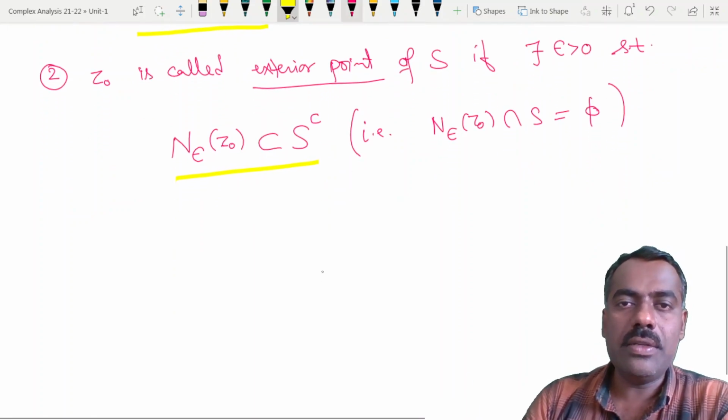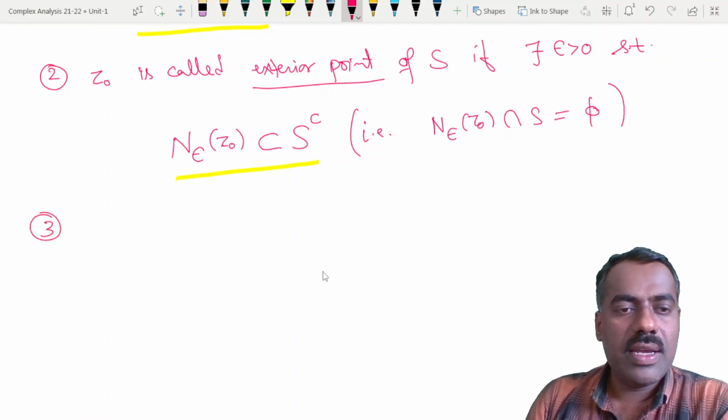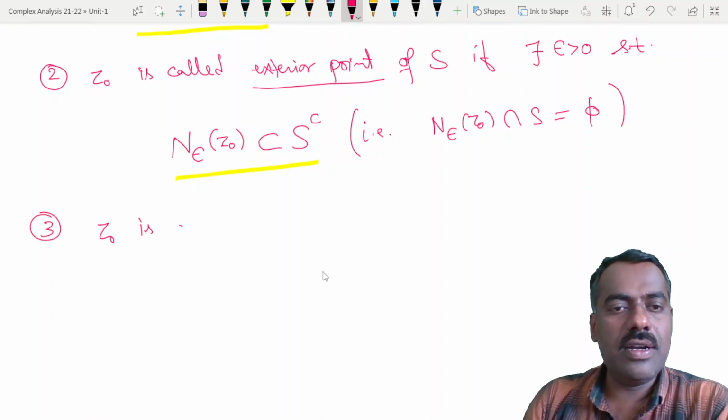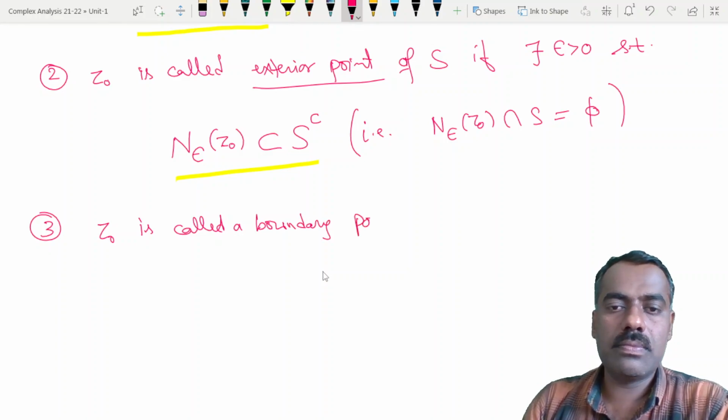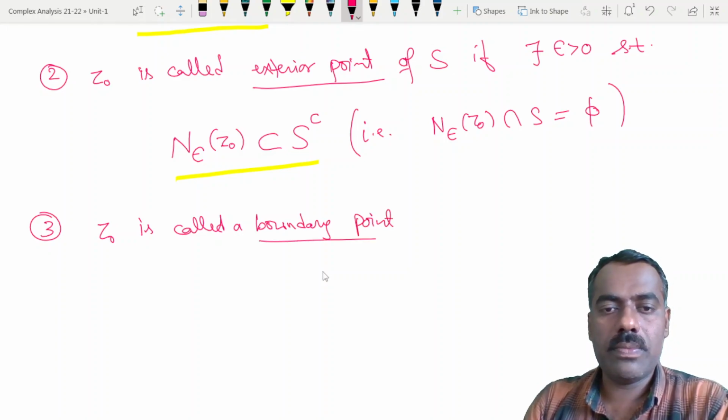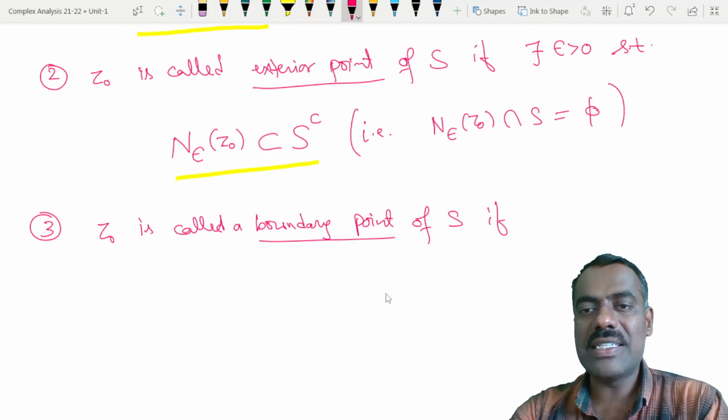Then the other one, Z naught is called a boundary point of S if, what should be your guess?